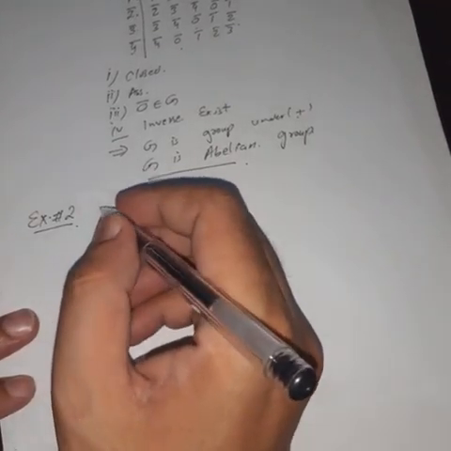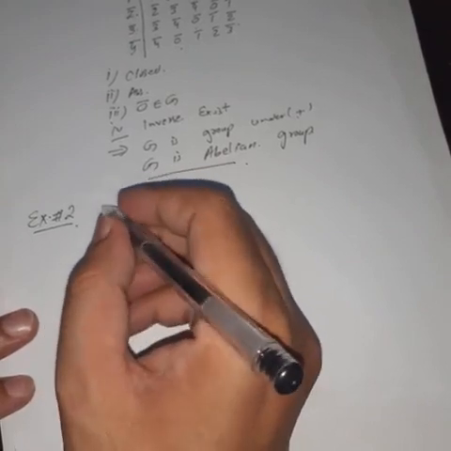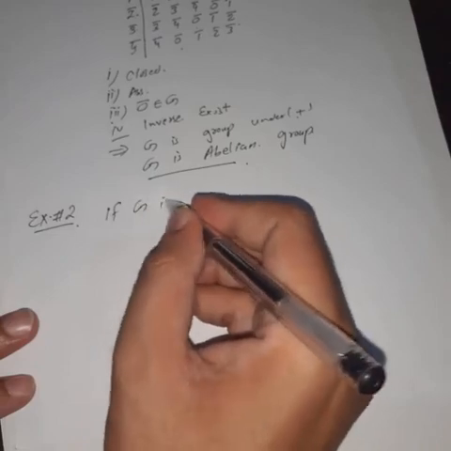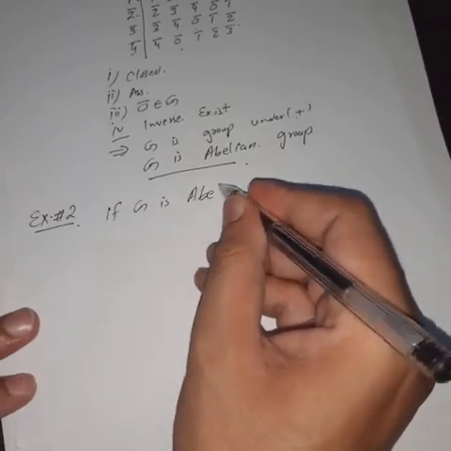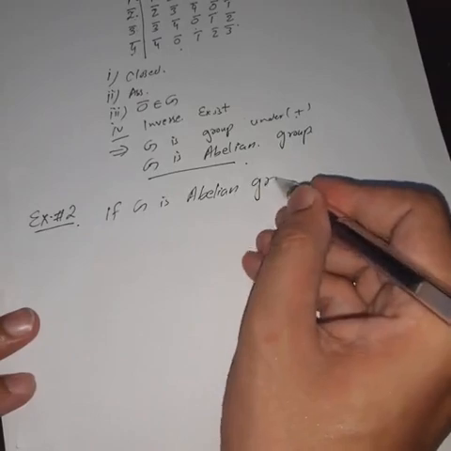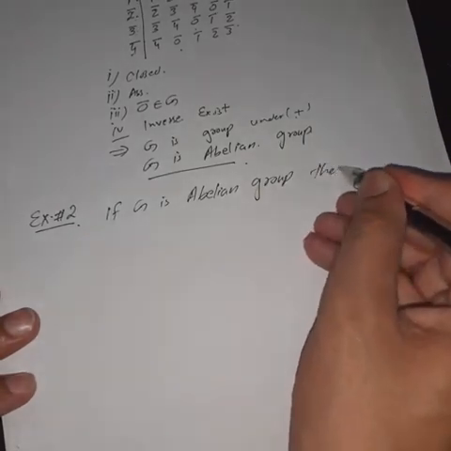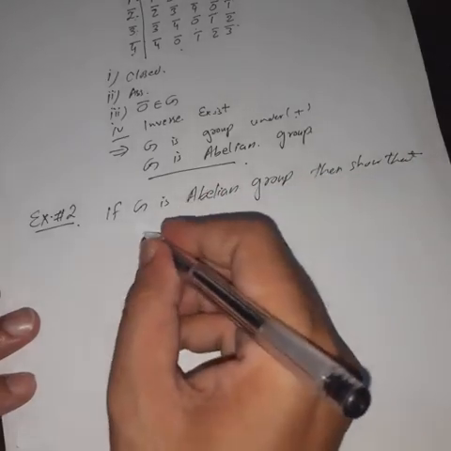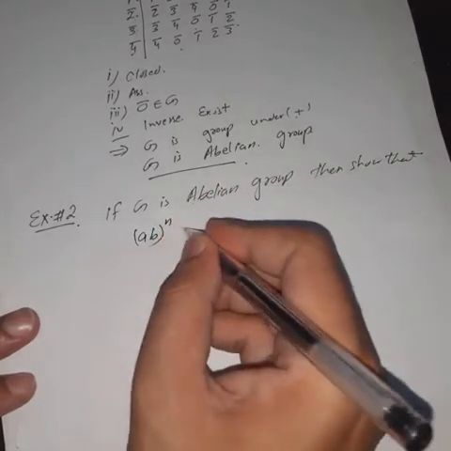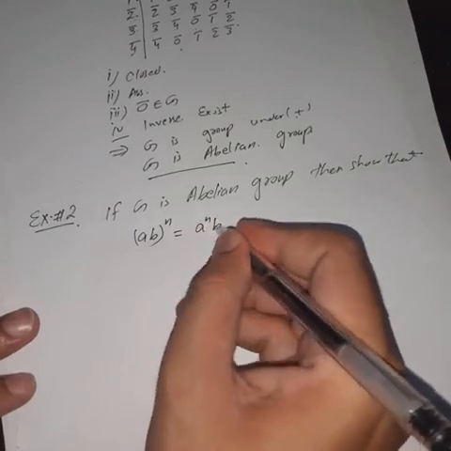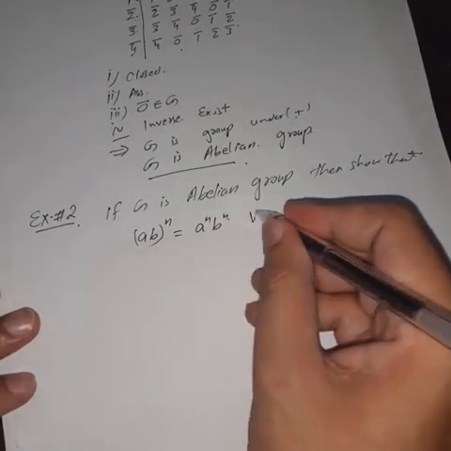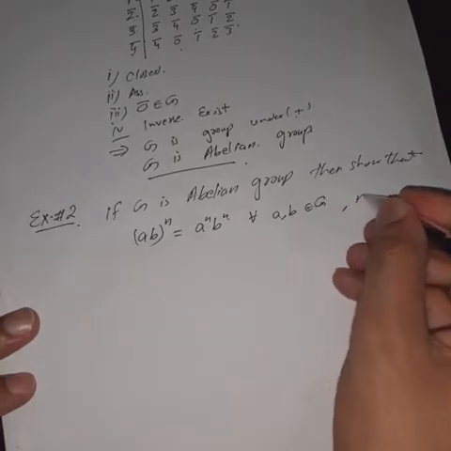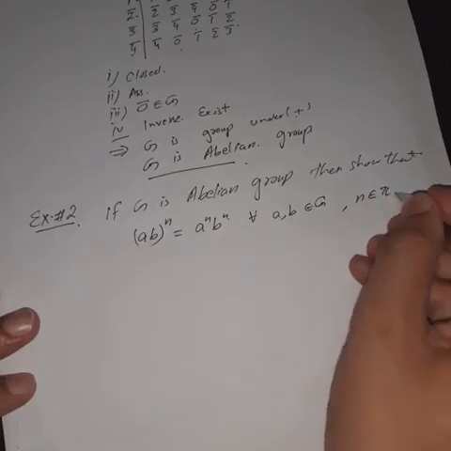Now example number 2: if G is an abelian group, then show that (ab) power n is equal to a power n b power n for all a, b belonging to group G and n an integer.